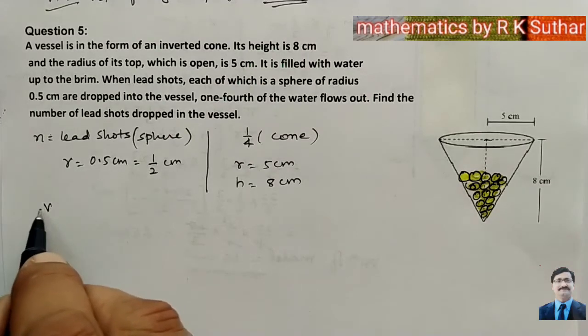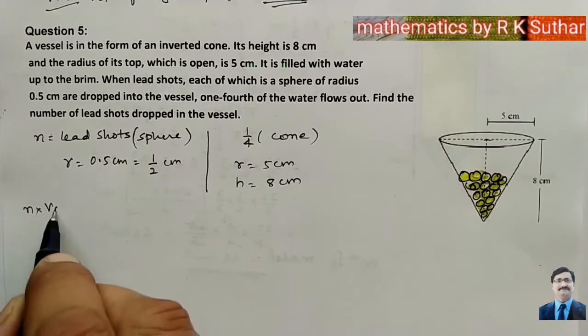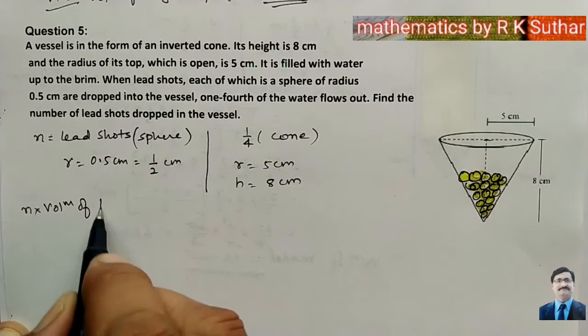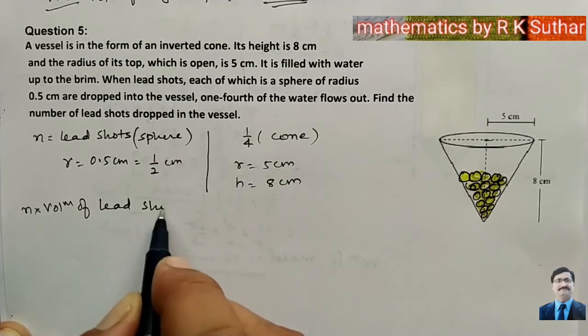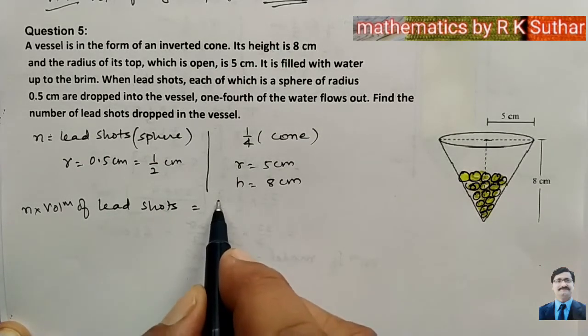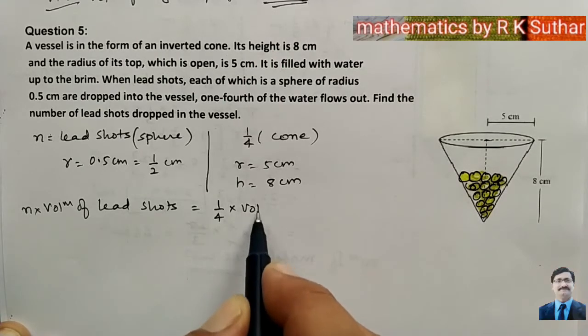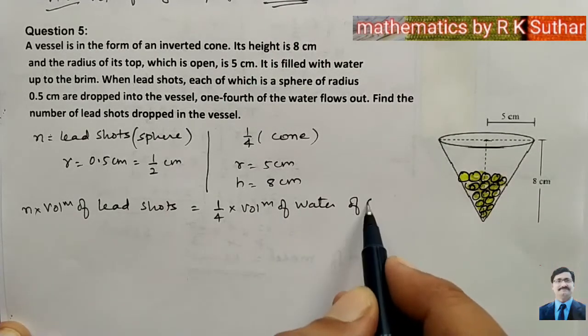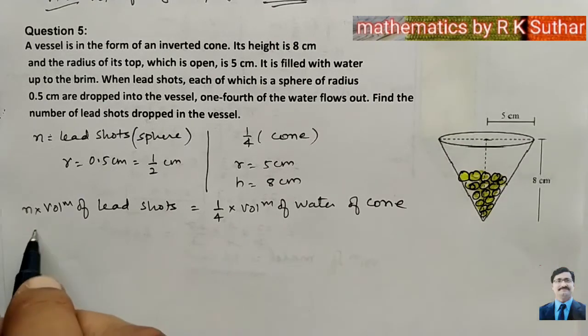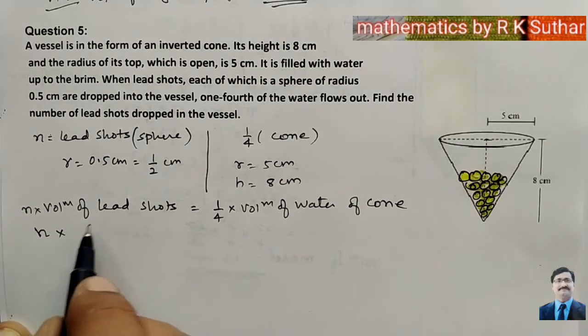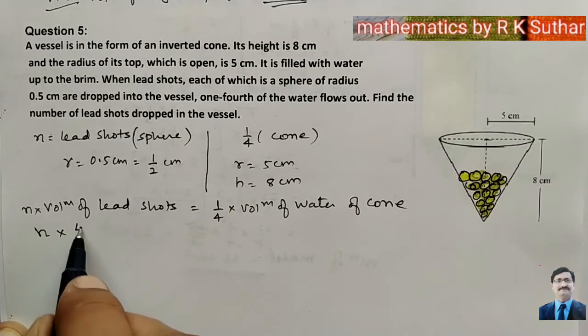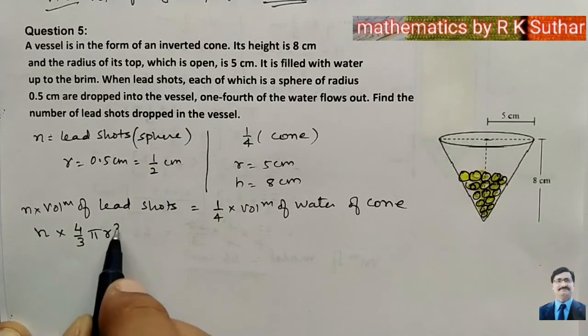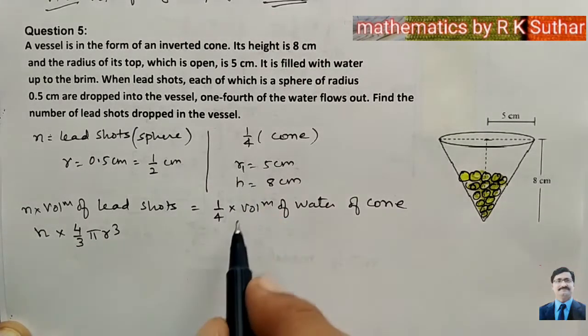We can write n into volume of lead shots equal to 1/4 volume of water of cone. n into volume of lead shots means sphere, so we can write 4/3 pi r cube, and here we write r1.